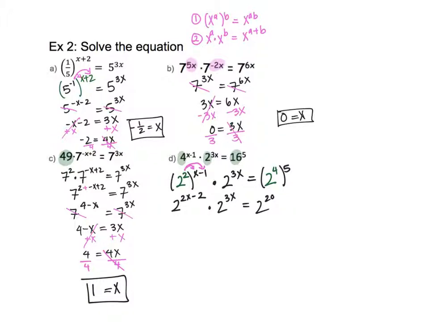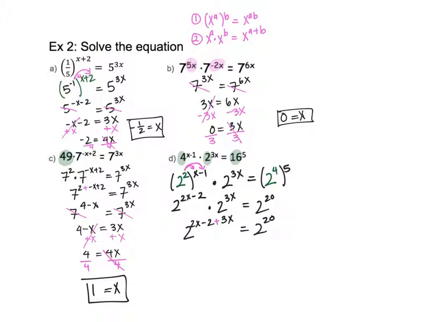And so now I have 2 2's on this side, and they're being multiplied, so the bases are the same, so I'm going to add the exponents. So in this case, it's going to be 2x minus 2 plus 3x equals 2 to the 20th power.